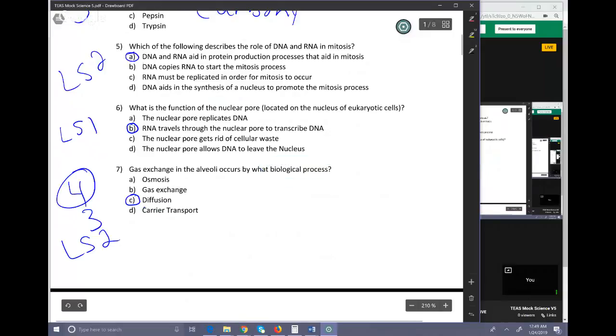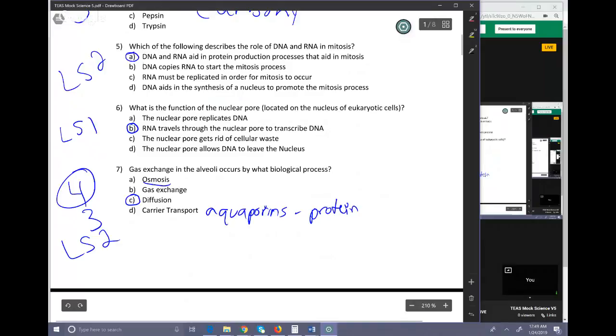Really, I can't think of an instance on the TEAS where we would use osmosis. Osmosis is very specific. It has a very specific definition. I can't think of a question that's currently on the TEAS where we use it. The carrier-mediated transport, you would only use that in a situation that relates to aquaporins or protein channels.